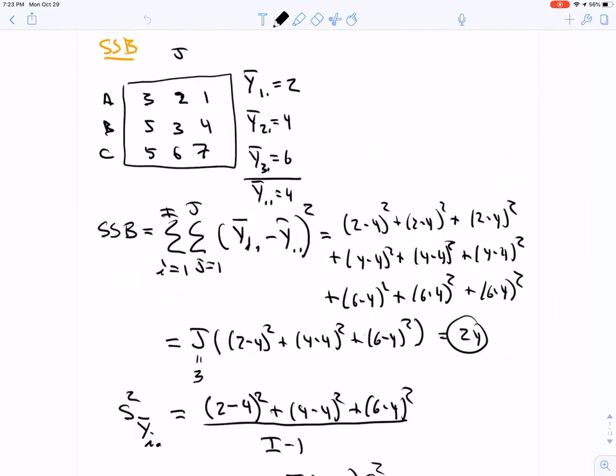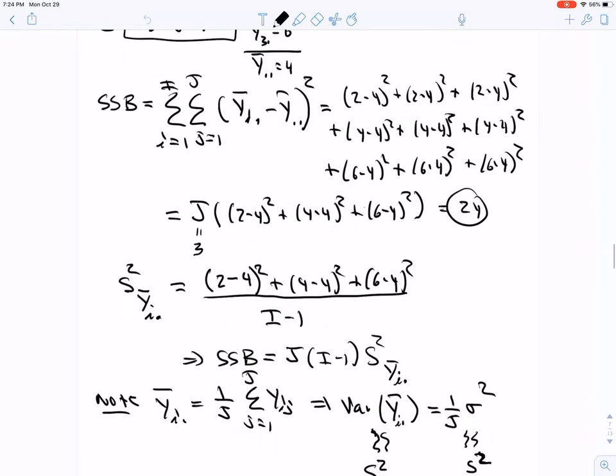Finally, we get to SSB. And SSB, that's the differences of the row averages from the total average squared, and so we can write down the sample variance of the row averages.